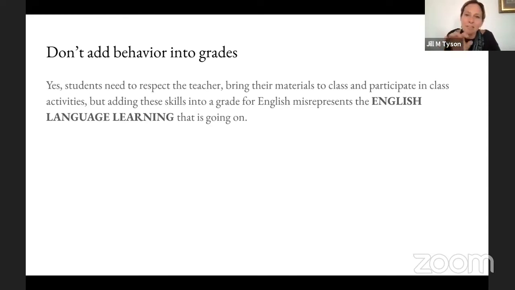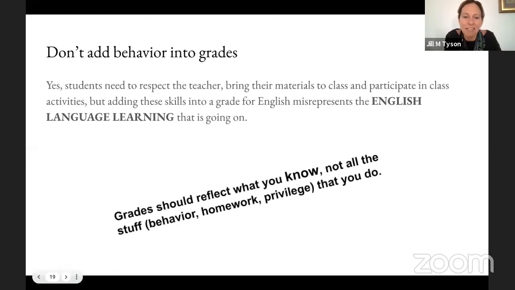So be careful to separate. Most of us have a behavior grade, and then we have our grade for the material, the content. But just be careful that we're not holding biases against some students when we're thinking about grading. So our grade should reflect what our students know. Not all the stuff that they do, their behavior necessarily, their privilege or their homework. Let's keep that in mind.